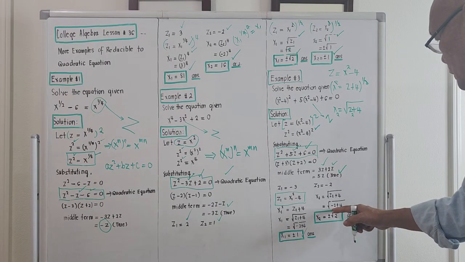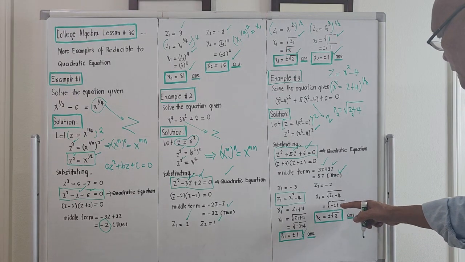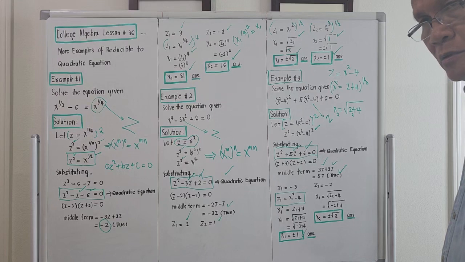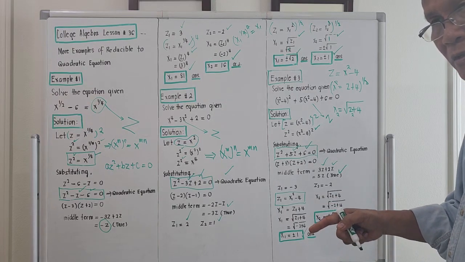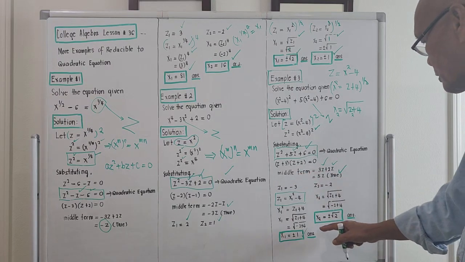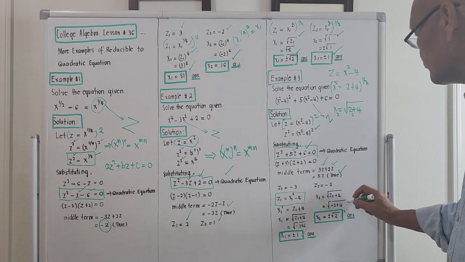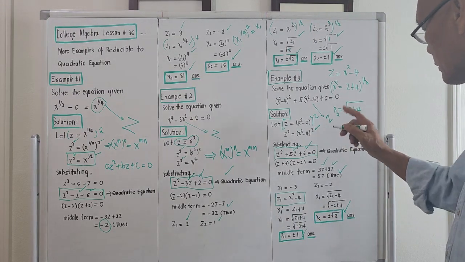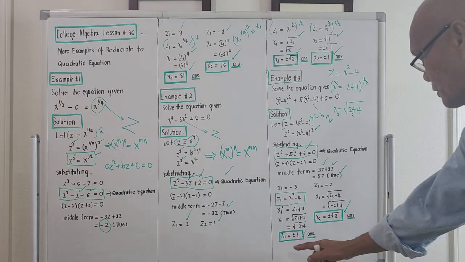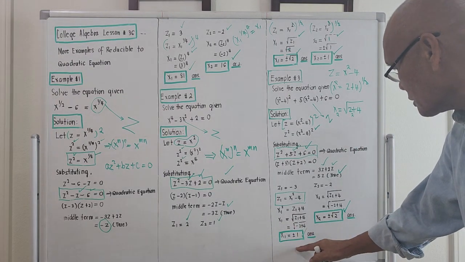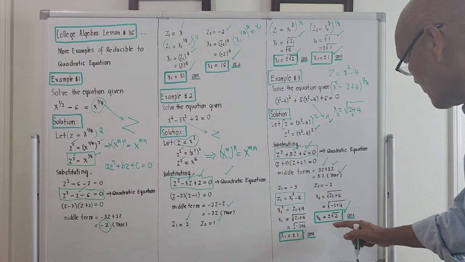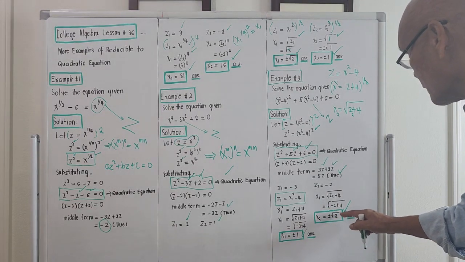So x2 will be the square root of z2 plus 4. z2 is negative 2 plus 4, which is plus 2. It's a positive radical, right? So x2 will be plus or minus the square root of 2. There are 4 values because x1 is plus 1 and minus 1, and x2 is plus and minus the square root of 2.